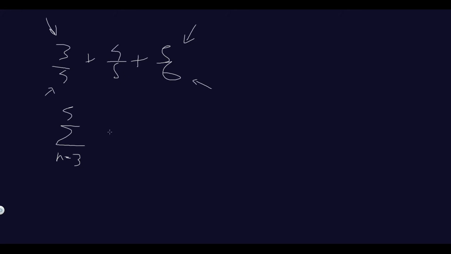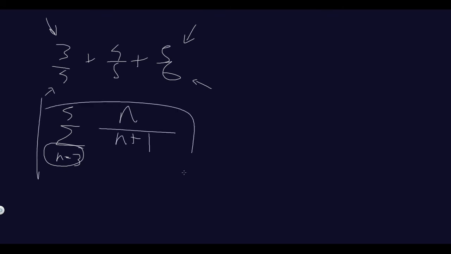I'll show you what I mean. So our general term for this one, guys, if our term number is n, would be n over n plus 1. And that is our sigma notation because our denominator is increasing by 1 more than the numerator. And this type of question we also went through in our previous video. So if you would like, go check that out.